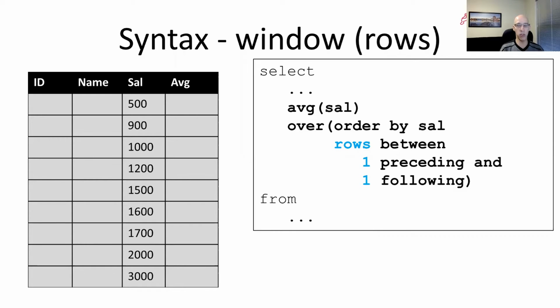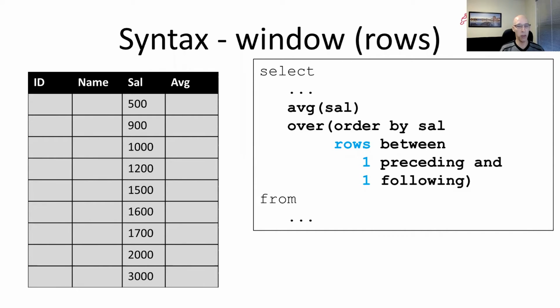So basically, we're calculating the average salary, and for each row, we take one row before and one row after, and we calculate the average of these 3 rows: the one before, the current row, and the one after. In this case, the output that we see on the left is ordered by salary, and this is only for convenience because it's much easier to explain that way, but it doesn't have to be.